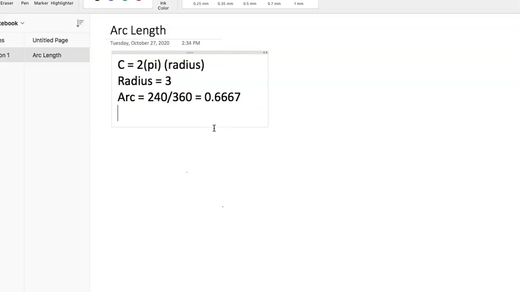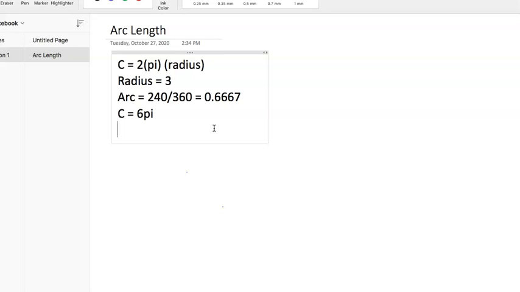Now what do we do? Circumference first: 2 times pi times r. R is 3, 2 times 3 is 6, so we're going with 6 pi. Sound right? That's our circumference. Again, 6 pi will almost for sure be an answer choice.